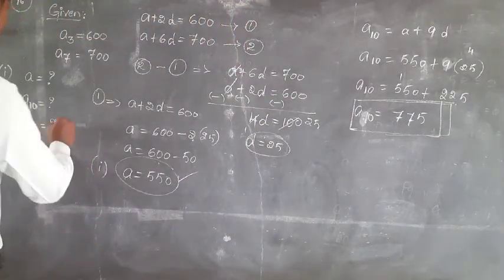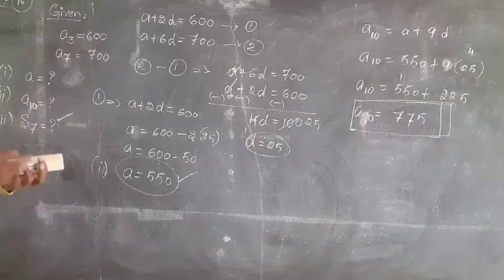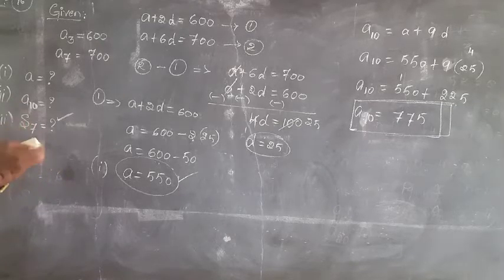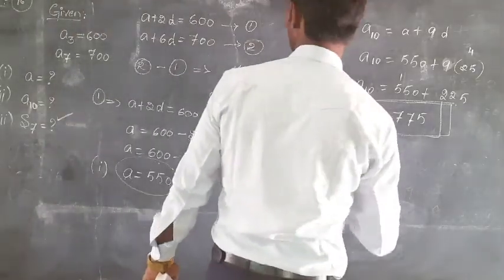Finally, the last question, he has to find S7. S7 means total production in the 7 years: the first year, second year, third year, fourth year, fifth year, sixth year and 7th year.